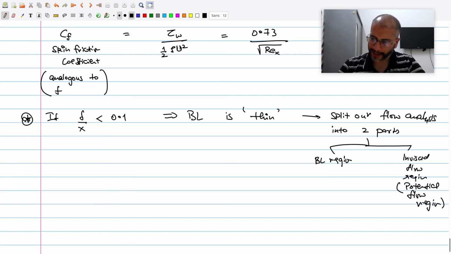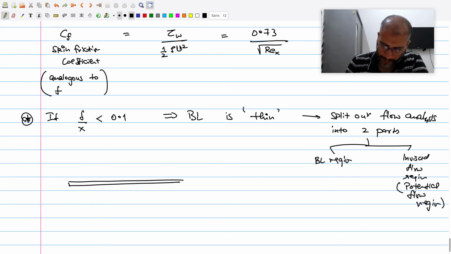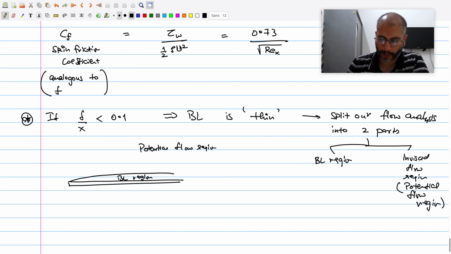Another benefit of splitting our flow into two parts is this. Since we are talking about the boundary layer as being thin, there is this potential flow region, and this is the boundary layer region. In the potential flow region, you can find the pressure as a function of x.